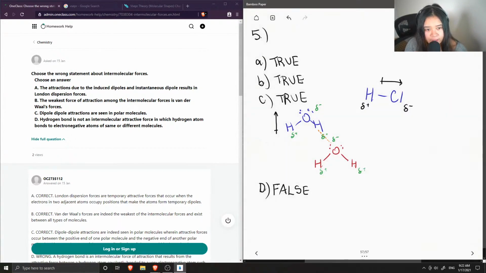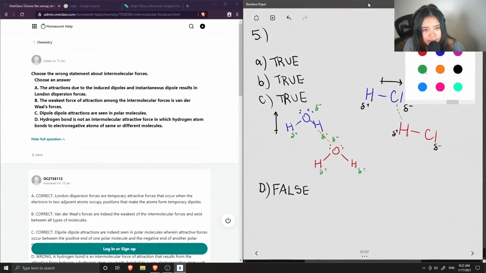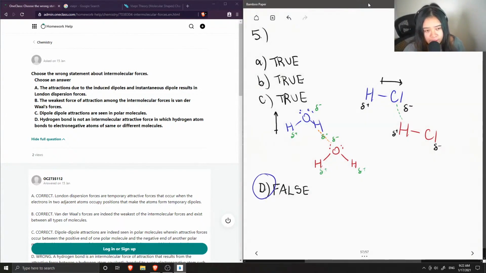And if we had another atom of HCl, then we get hydrogen bonding as well. Okay, so the answer is D. This is the wrong statement about intermolecular forces.